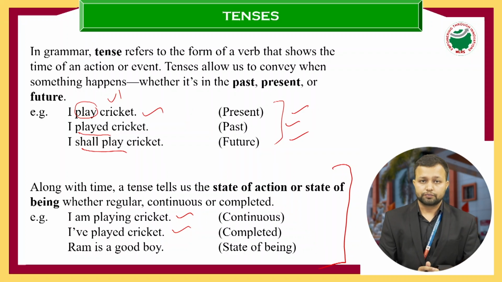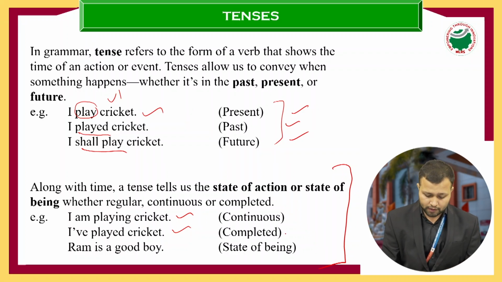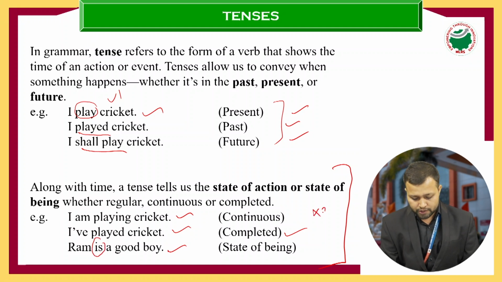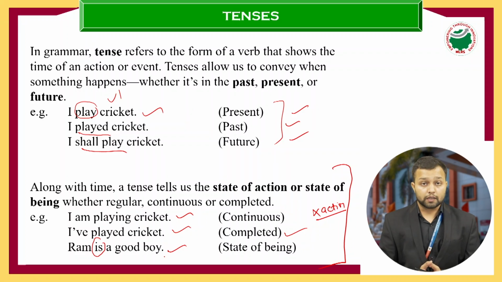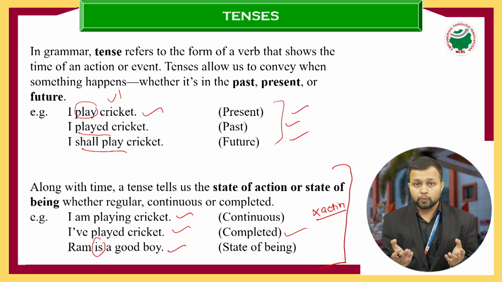Recent past, a completed action. Ram is a good boy. Now, this word is. There is no action in this sentence, but a state of being is there, that he is a good boy.